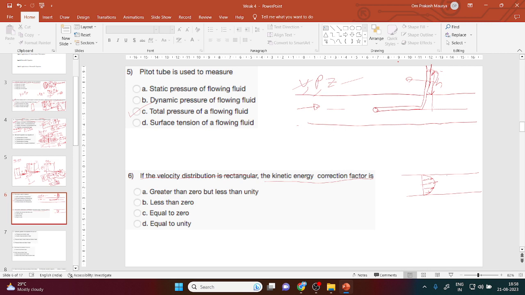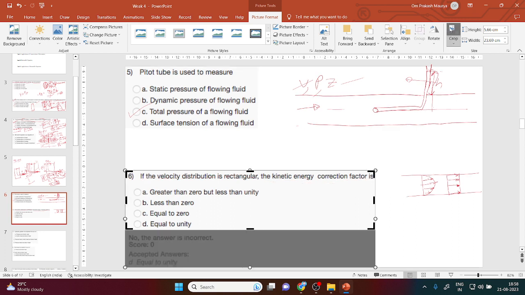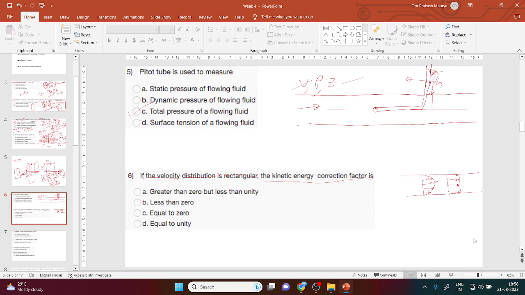But in the question it is given as rectangular type, that is, like that, uniform flow. So in that case, for question number 6, it is equal to 1, equal to unity. Option D is correct.